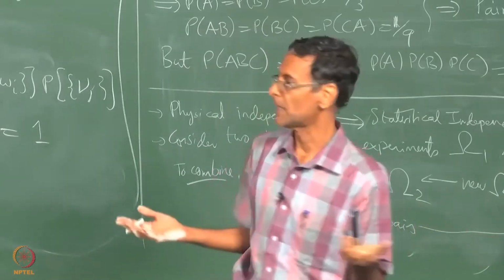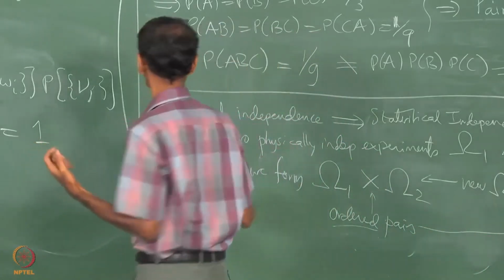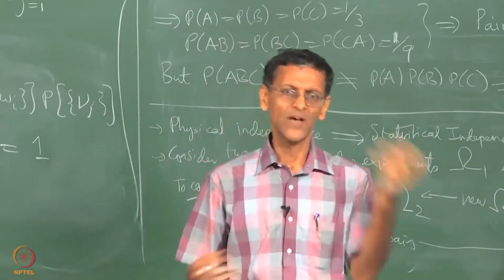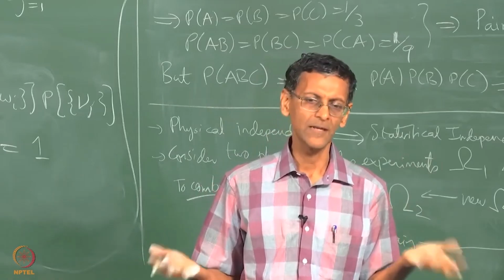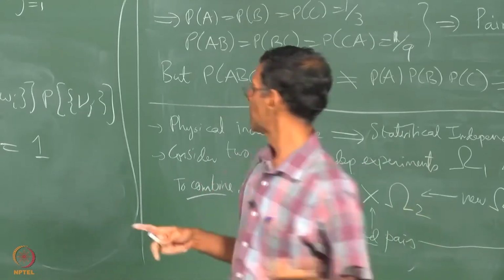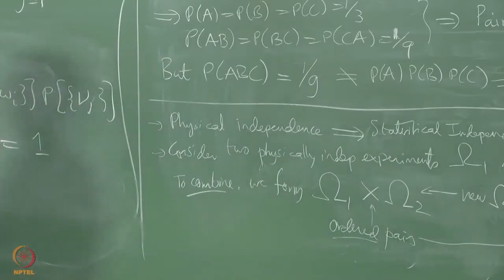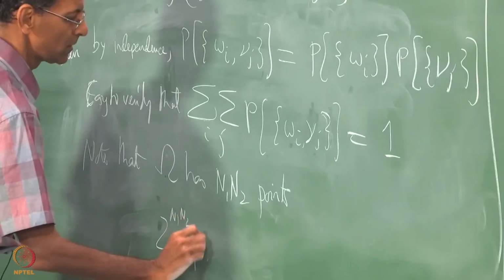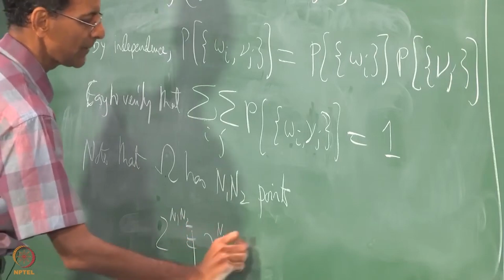I am going to go fairly fast over this because I think it's fairly elementary. Just the one point to note is that the power set 2 power n1 n2 is not equal to 2 power n1 multiplied by 2 power n2.